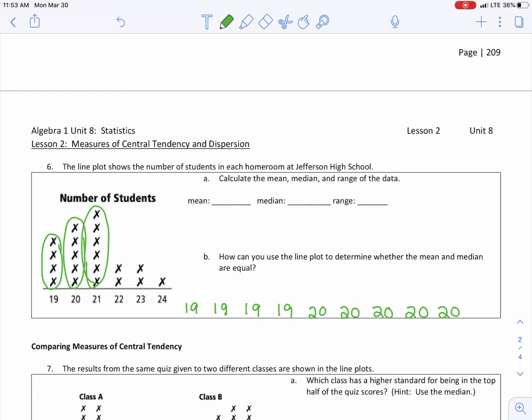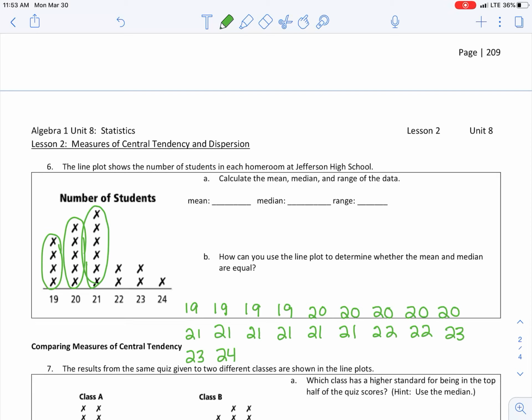Okay, I'm going to have 6 21s. Two 22s, 2 23s, and a 24.